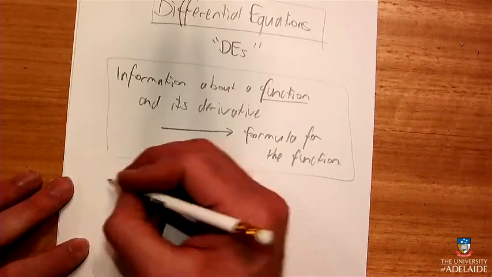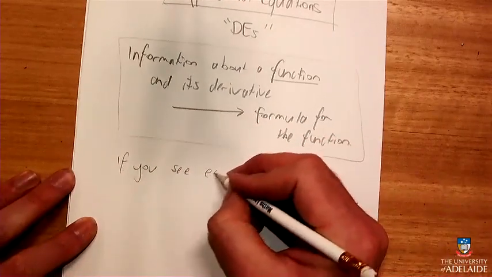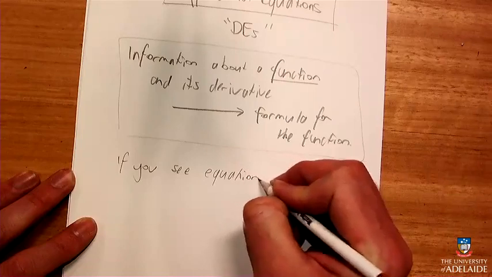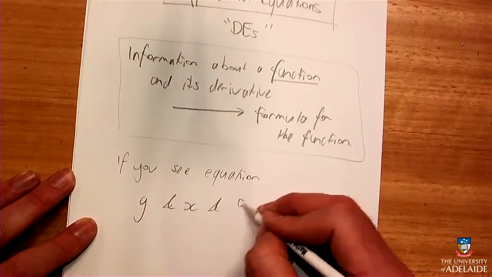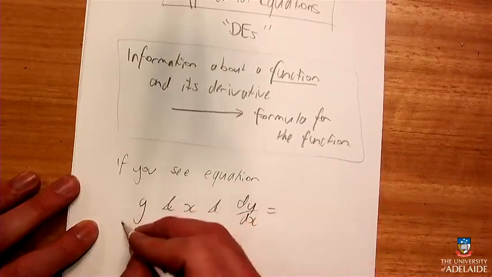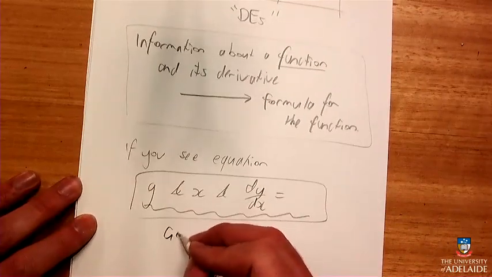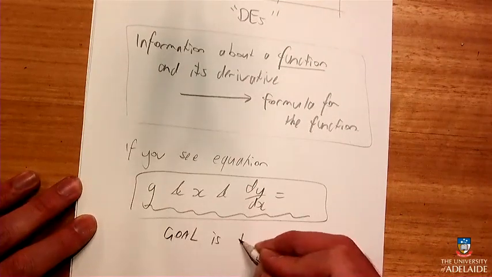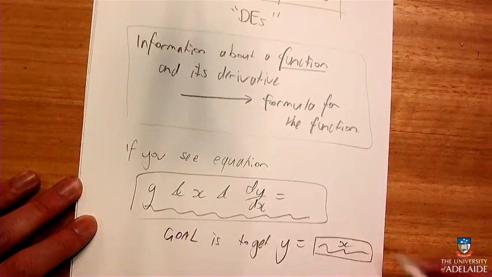So if you see an equation with y and x and dy on dx equals whatever, then the goal is to get y equals something involving x.